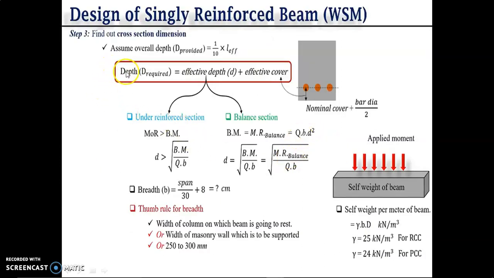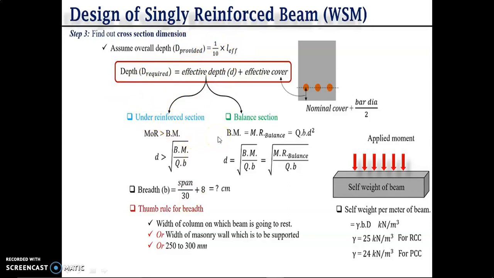After assuming the dimensions, you have to check whether your provided depth is sufficient for the section or not. Here we have one condition: depth required is less than depth provided. If we provide 900 mm depth but the required depth is 1000 mm, then our structure fails.